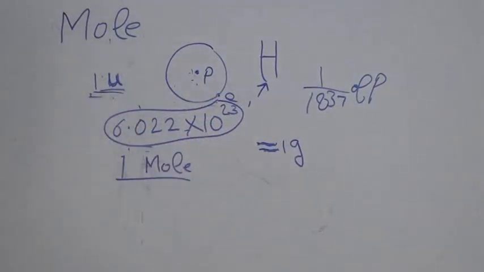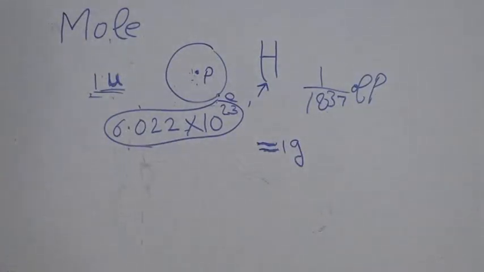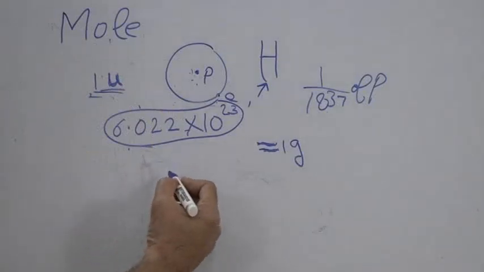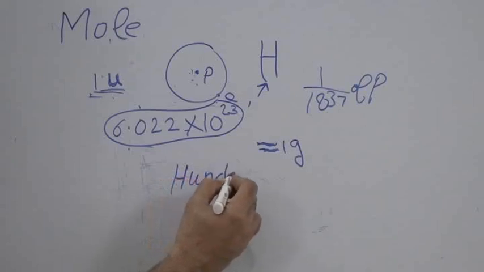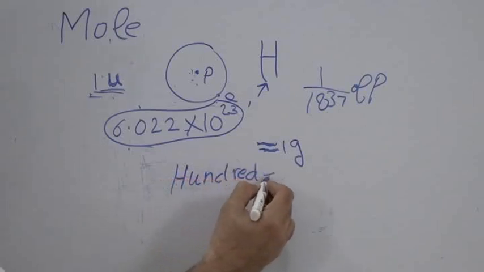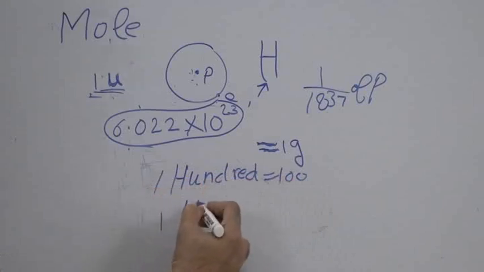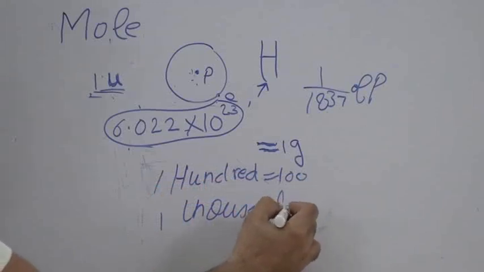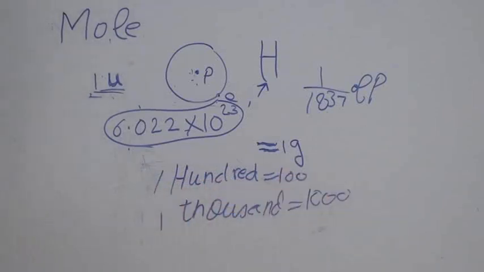Therefore, mole is simply a counting unit in chemistry, and the reason is this. This is a counting unit, like 100, or like 1000, or like a dozen, or like a gross.